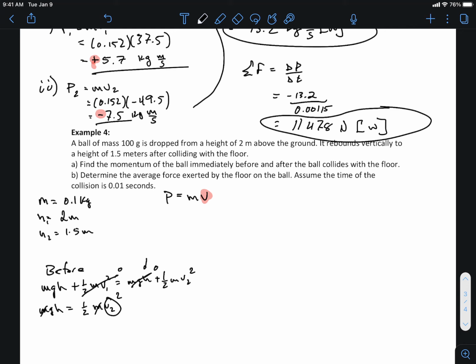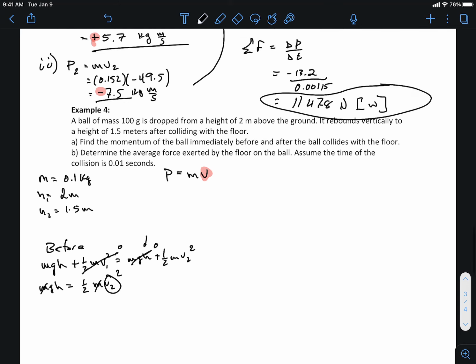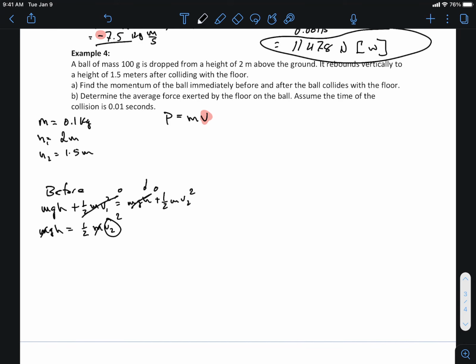So let's just find V2. Well, V2 is going to equal the square root of 2GH. So V2 is going to equal 2 times 9.8 times the height that it was dropped at, 2 meters, and square root that.